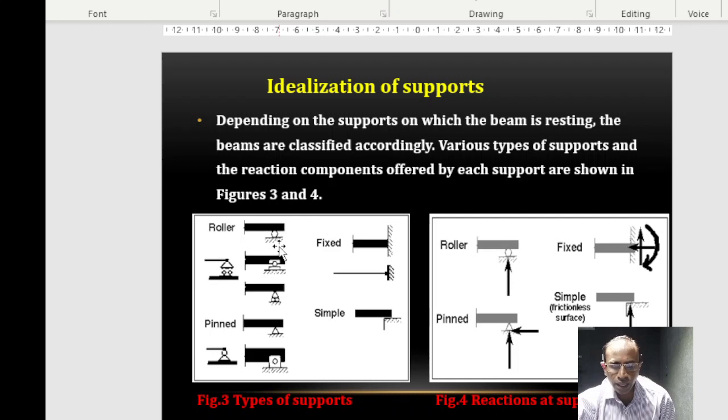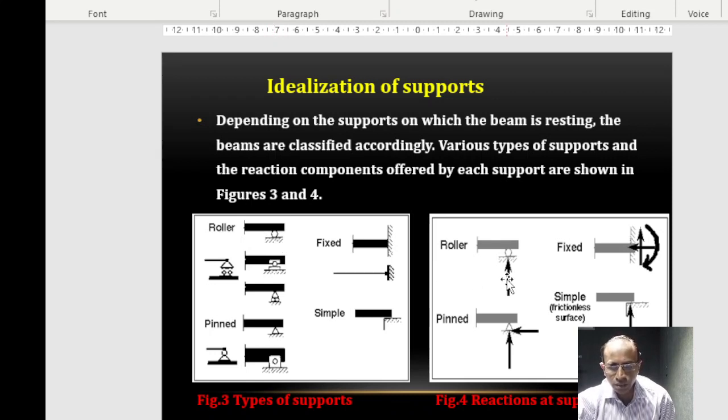A roller can offer resistance to the beam in the direction perpendicular to the surface. So this is resting on a horizontal surface, so it offers a resistance perpendicular to that surface. We should always remember a roller will offer resistance or reaction in a direction perpendicular to the surface on which it is resting.